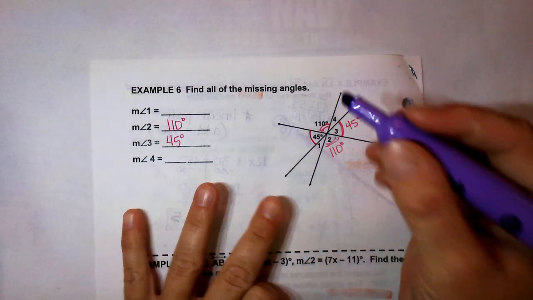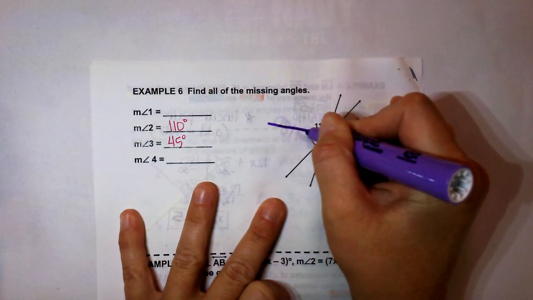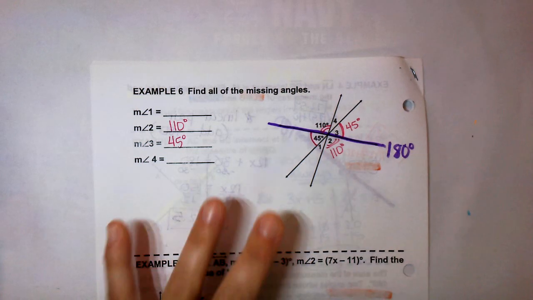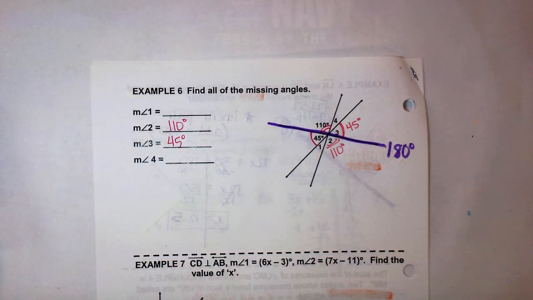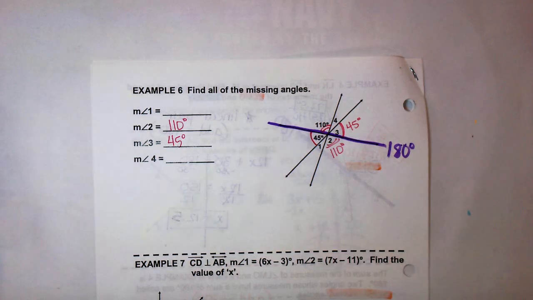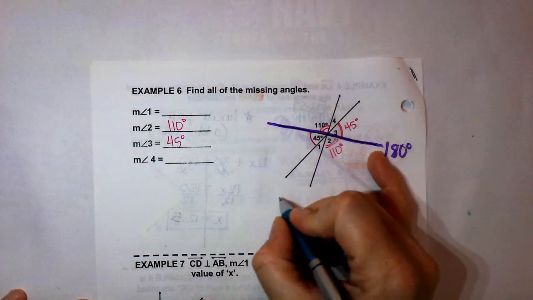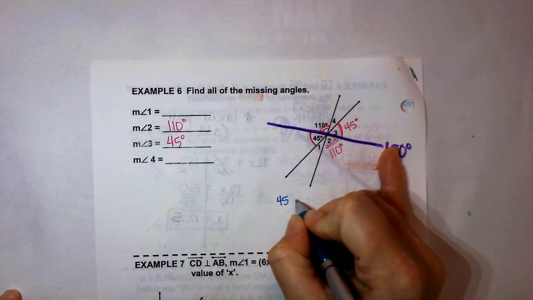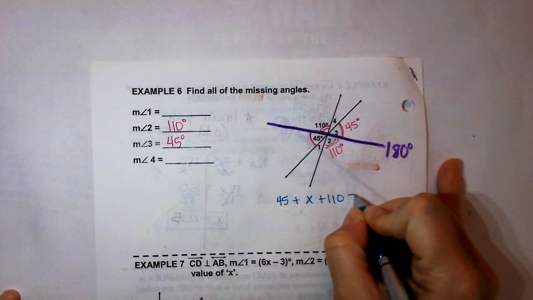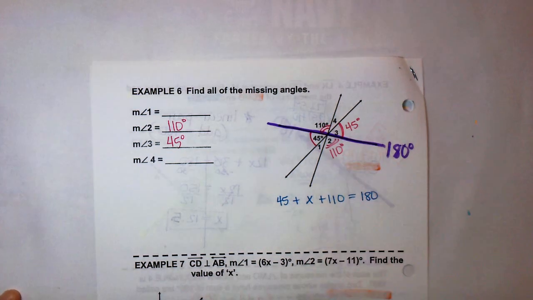Okay? So let me make it visual for you. This line has to be 180. So the bottom half, all 3 of these have to add up to equal 180. So I have 45 plus an angle plus 110 is supposed to be 180.